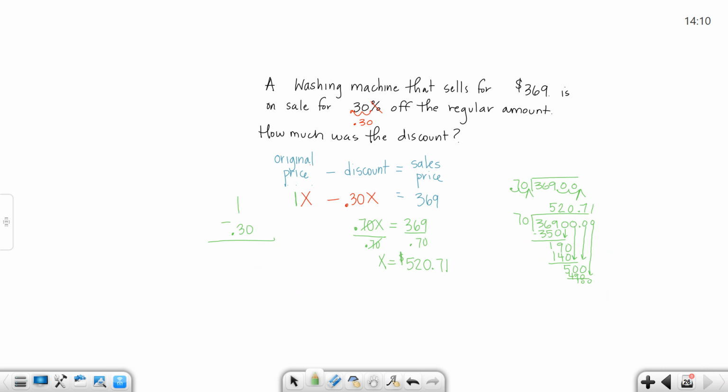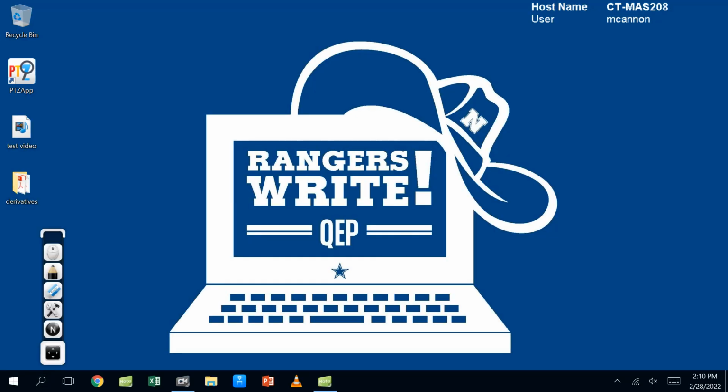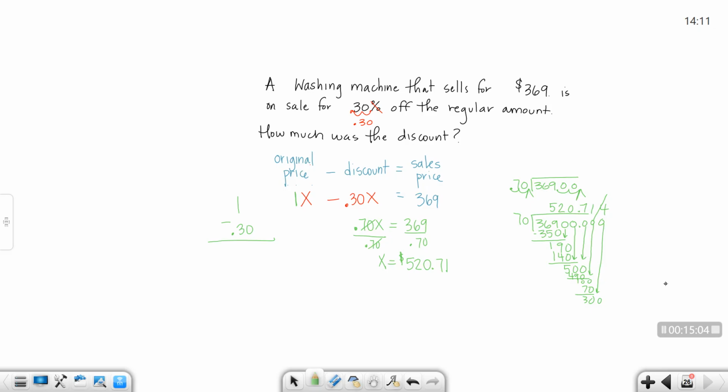Let me divide it all the way out just to make sure though. So we had a 70 there and a 30 to do the rounding. 70 goes into that 4 times. Yes. Okay, so it's 520.71. I knew something didn't look right with it.